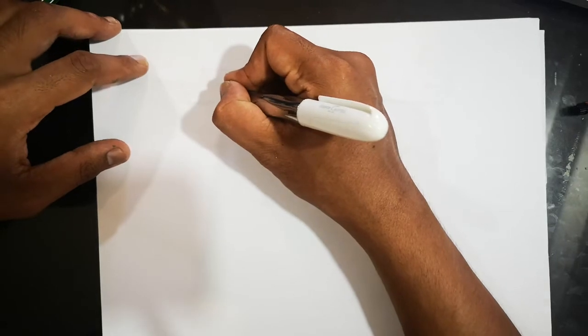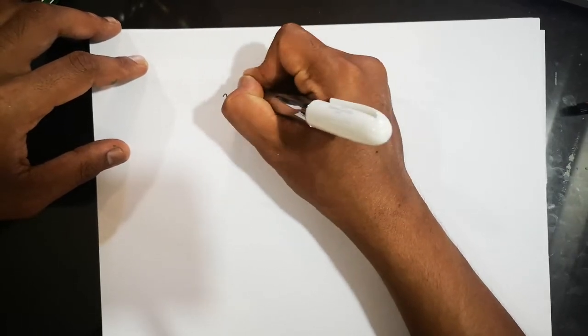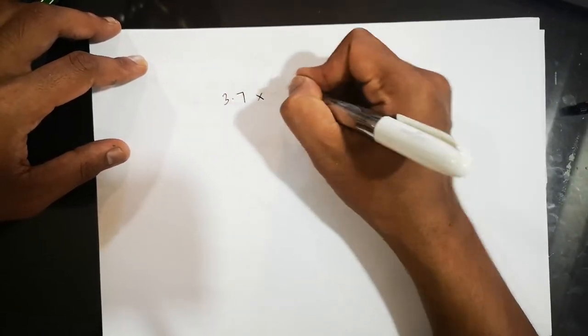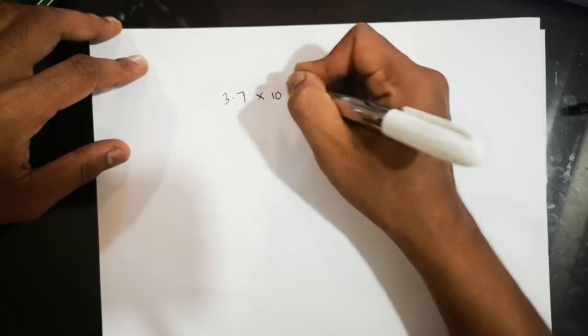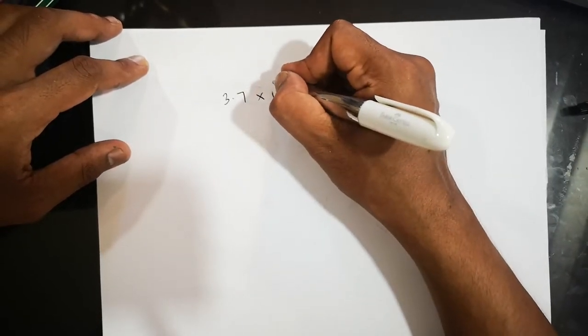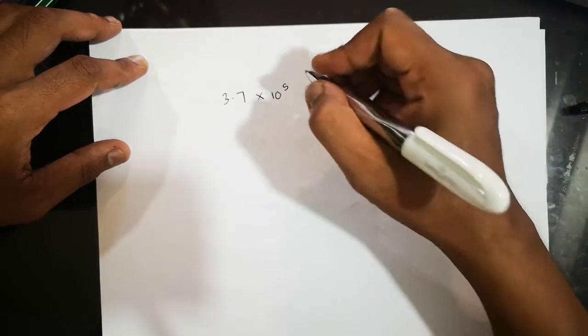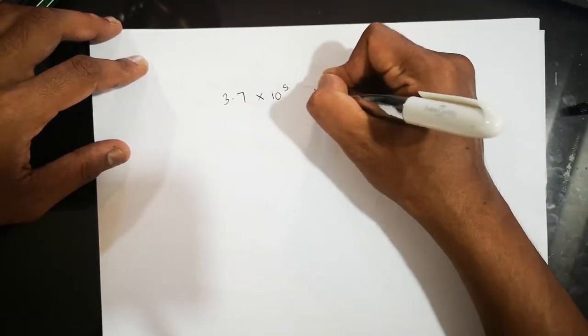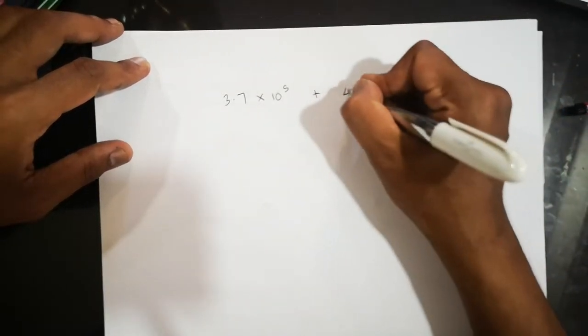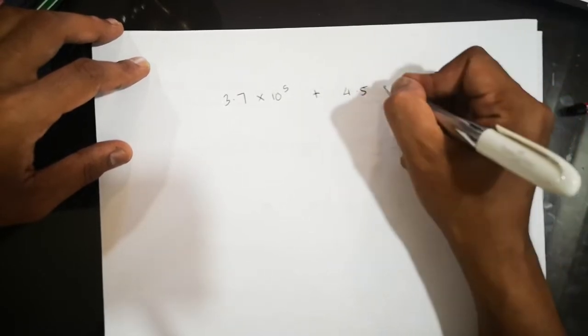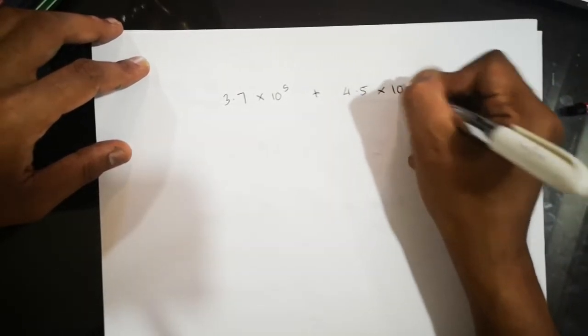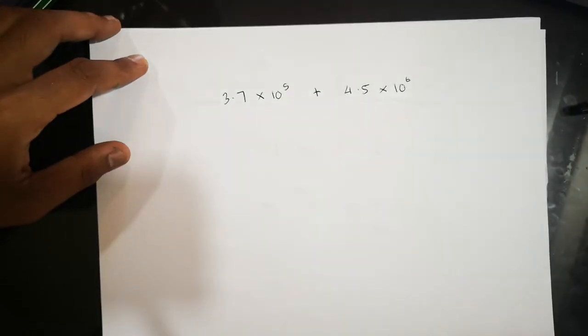How about I take 3.7 times 10 to the power of 5 plus 4.5 times 10 to the power of 6.